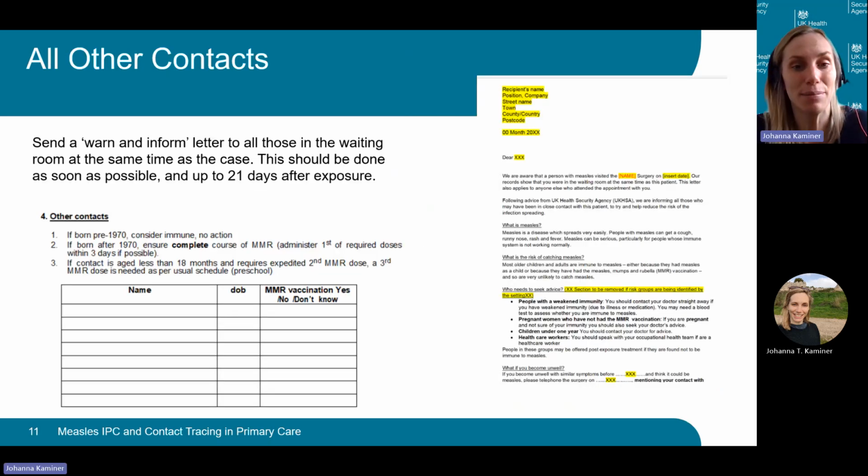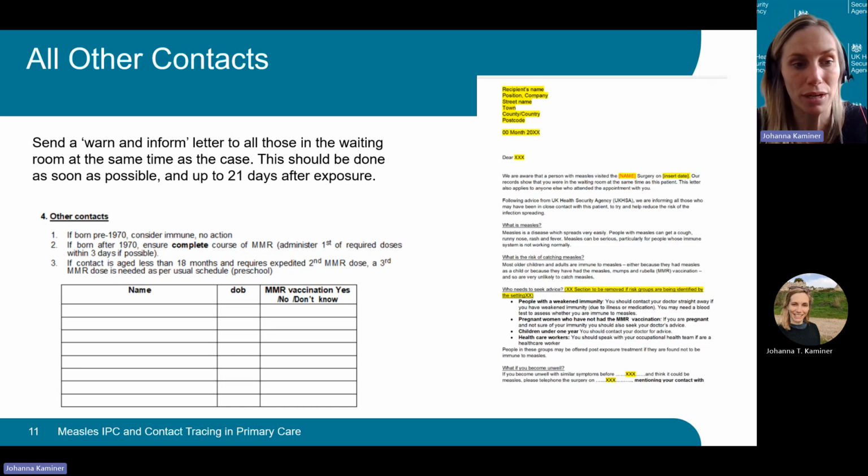So next steps are all other contacts. Other contacts with a significant exposure event and who are neither pregnant nor under the age of 12 months nor immunosuppressed should have their MMR vaccination status checked, and if they don't have a complete course of MMR, then they should receive their first dose, ideally within 3 days if possible.